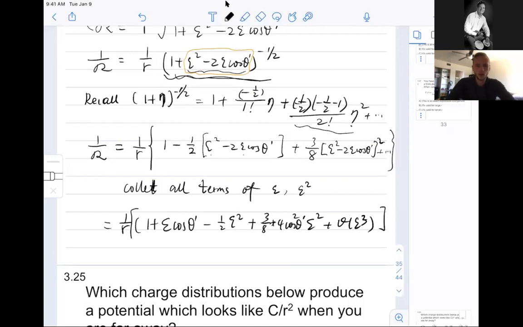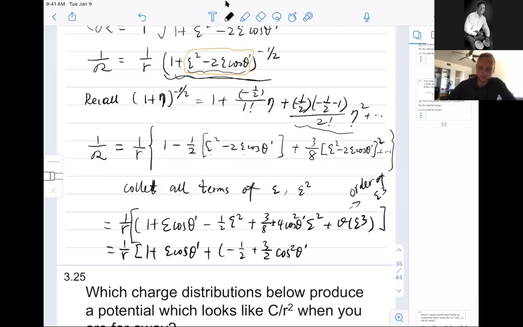Because I don't need it, I'm not going to bother writing it out. So this is order of epsilon cubed. All right, so just one more step. Okay, so this is the first order, this is the second order.